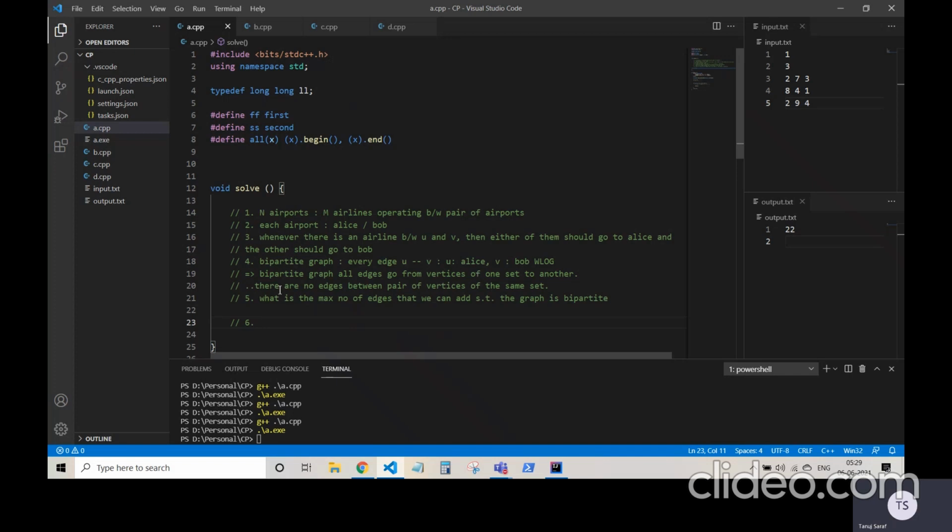So once the property that there are no edges between pairs of vertices of the same set no longer holds, it would not hold forever, right? If I denote with a capital B that the bipartite property of this graph remains while adding an edge, we would have this bipartite property until a certain edge, and after adding this particular edge, it will no longer be bipartite.